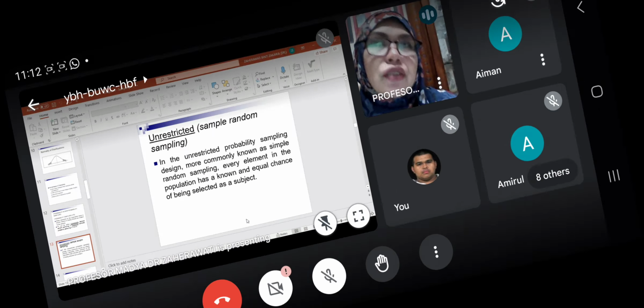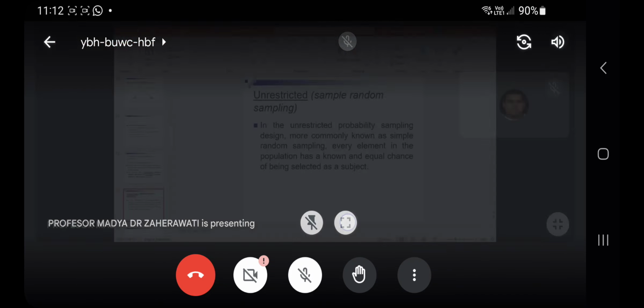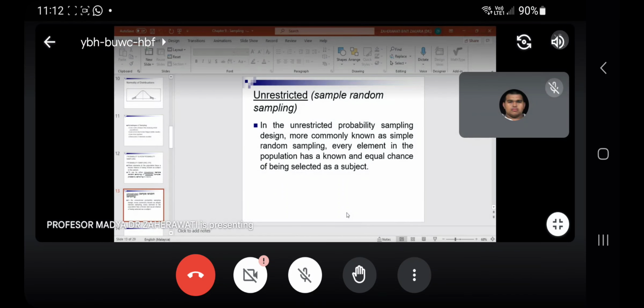So this is the first mistake made by students when choosing simple random sampling. The student says, okay, we choose simple random sampling because it's random, isn't it? So we can choose anybody to be our respondent.